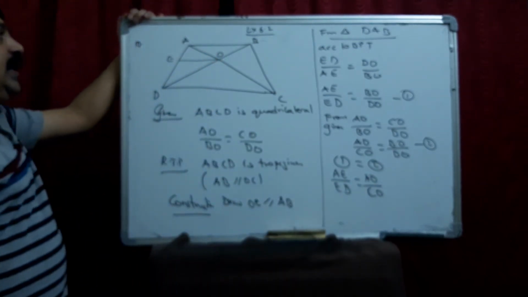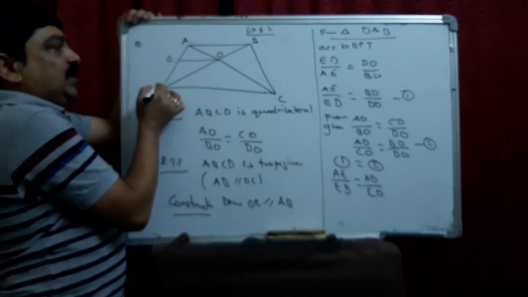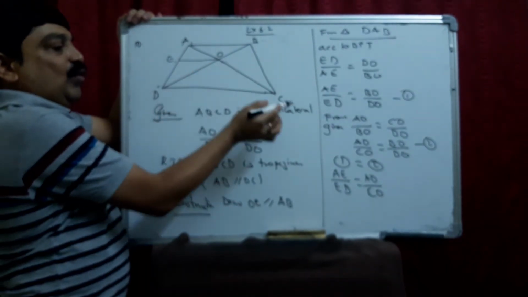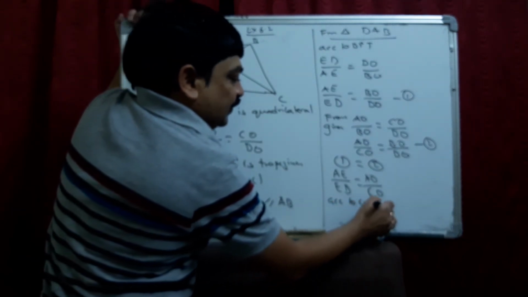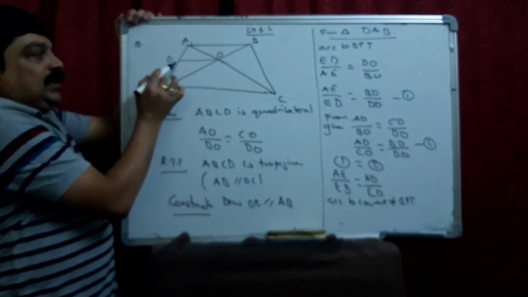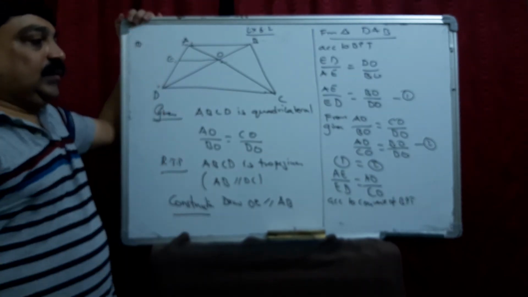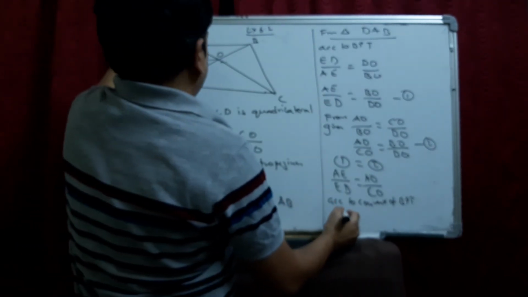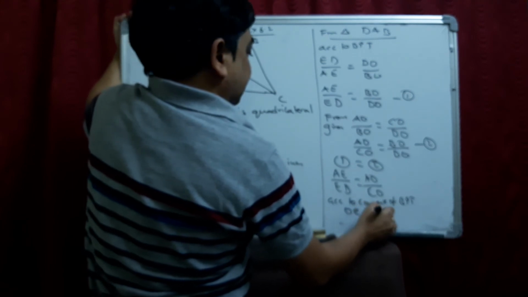AE by ED is AO by CO. So according to the converse of BPT, see, the ratio is satisfying: AE by ED is AO by CO. Therefore, what you can say is that OE is parallel to DC.